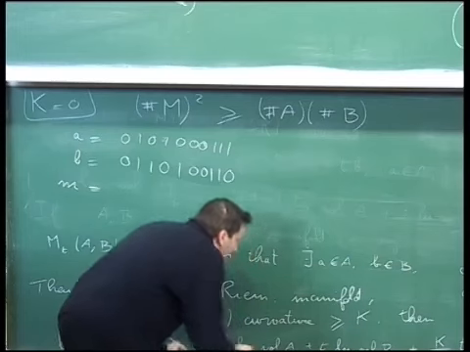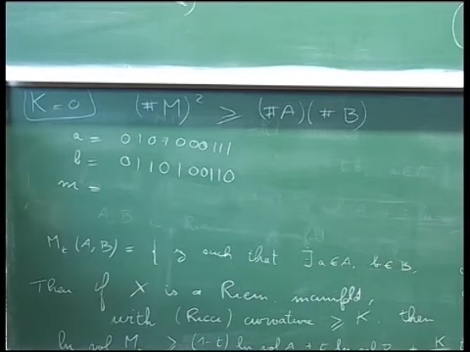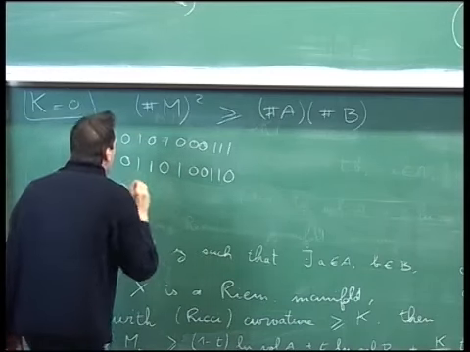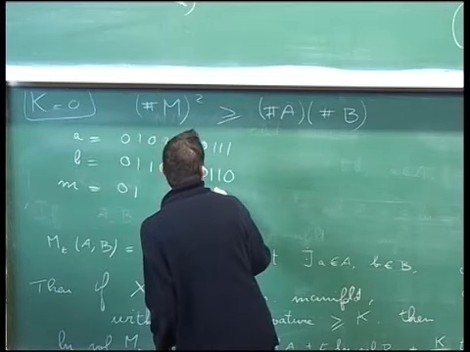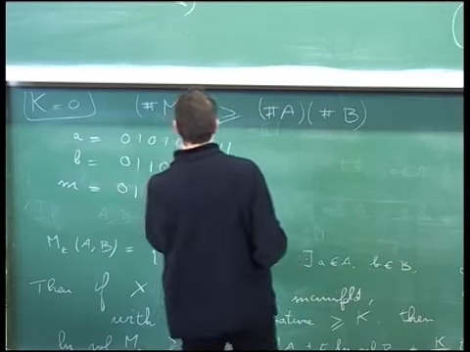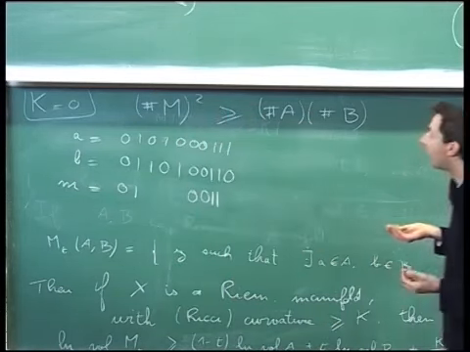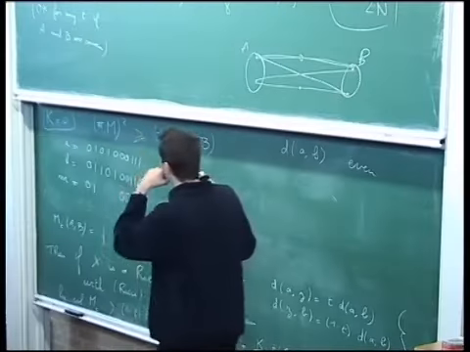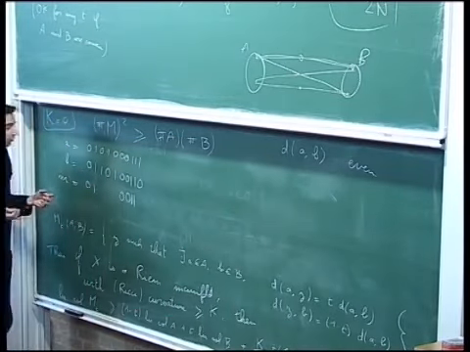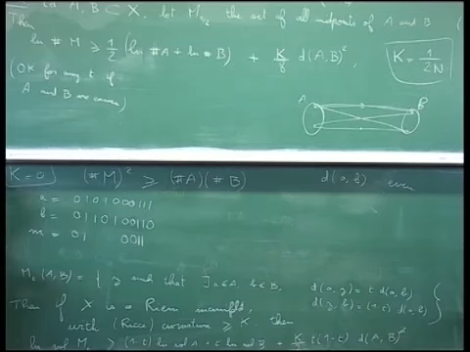Well, everything that doesn't change between A and B, you have to keep. So here you're going to have 01. Here you don't know. Here you're going to have 00 and 11. Okay, and now there are 4 places you have to fill. And out of these 4 places, you have to choose half of them from A and half of them from B.